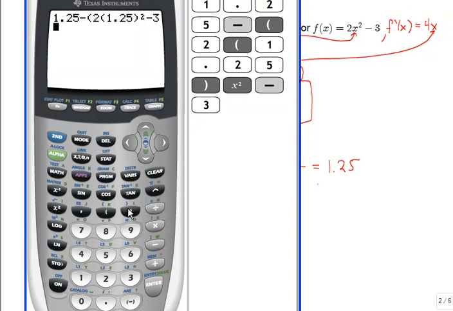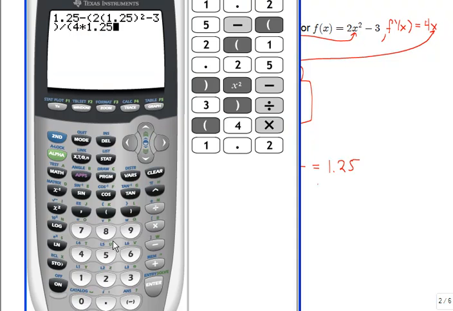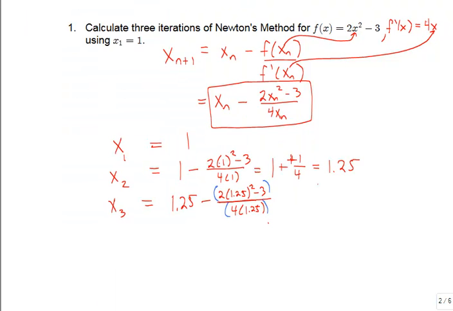That was all of my numerator, so I want to close all of that numerator in parentheses, and then I want to divide that by my denominator, which was that 4 times 1.25. And then close the parentheses for that denominator. So when I hit enter, this becomes my next guess. Okay? So that is what this becomes, 1.225.